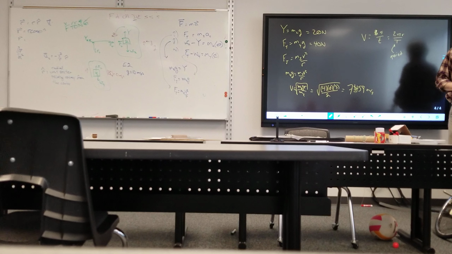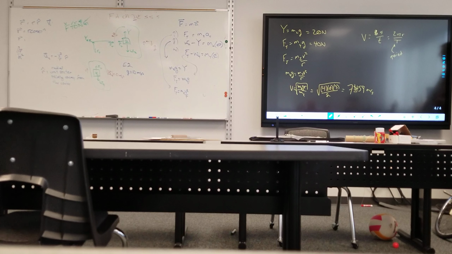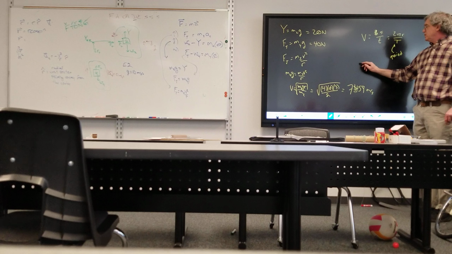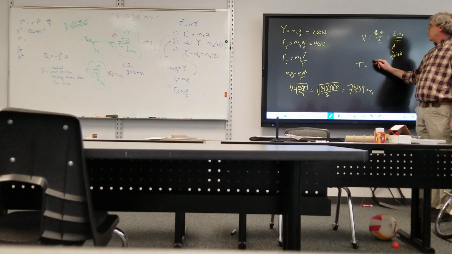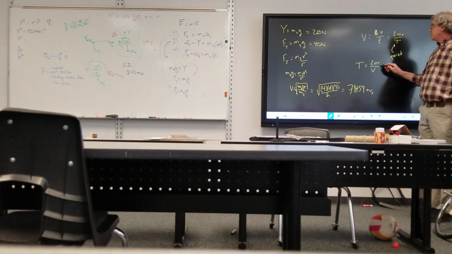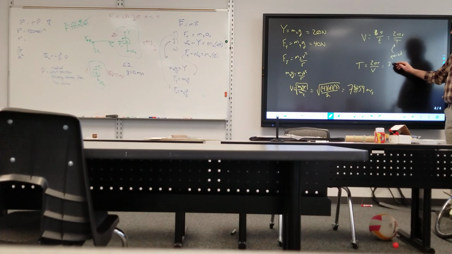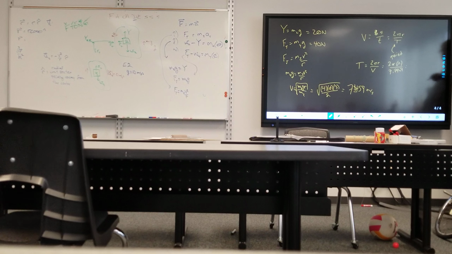And that's the reason why I don't use capital T for tension. So the period, T, is equal to 2 pi r over v. Now it's a plug and chug, so we have 2 pi times 3 divided by 7.7459. And we have 2 point something. 2.31477.